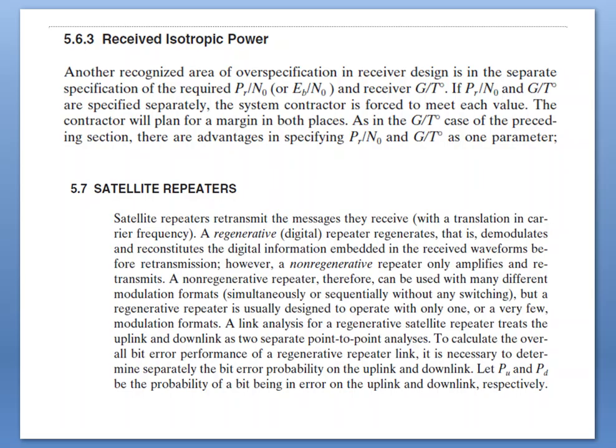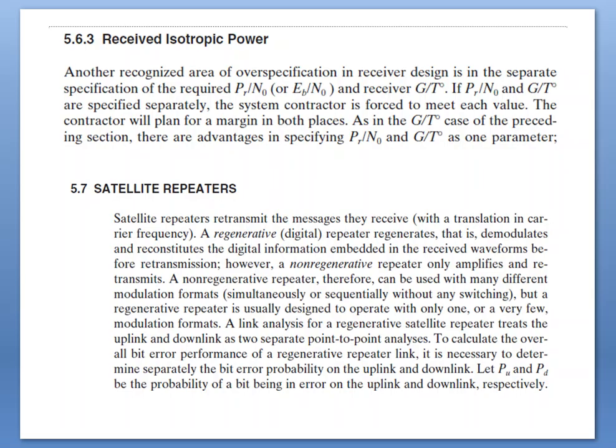If P by N naught and G by T are specified separately, the system contractor is forced to meet each value. The contractor will plan the margin in both places. As in the G by T naught case in the preceding section, there are advantages to specifying P by N naught and G by T naught as one parameter.